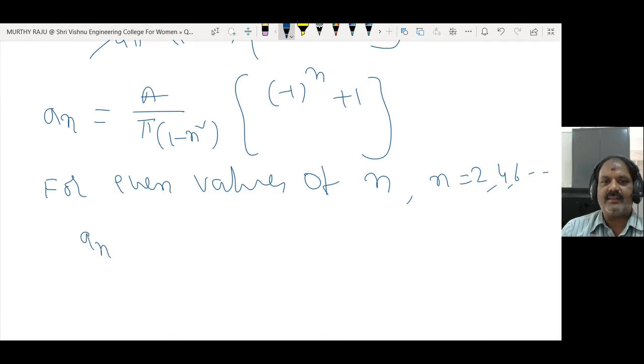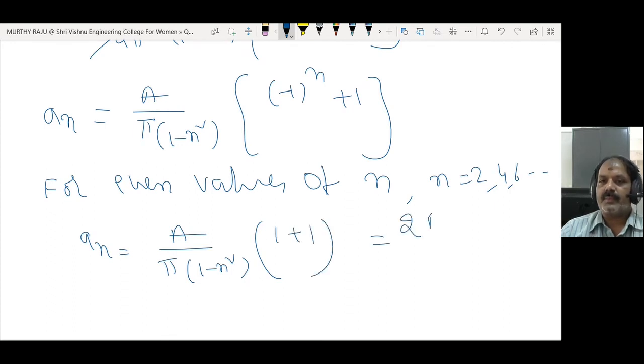Therefore, an is equal to A by pi, 1 minus n square, minus 1 whole power n plus 1. Suppose n is equal to 2, minus 1 whole square is 1, plus 1, that is equal to 2A by pi into 1 minus n square.